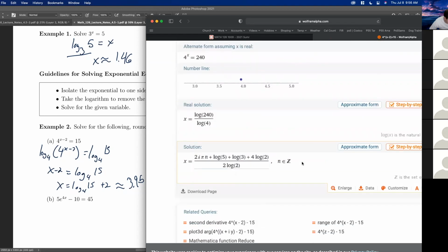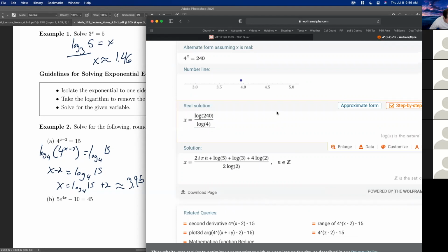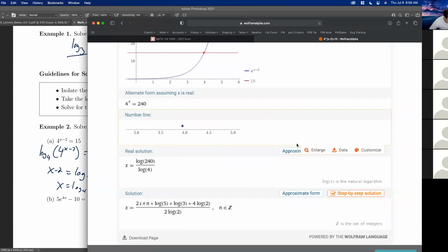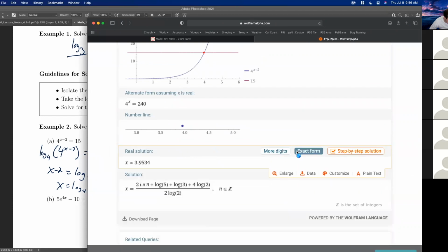Oh, is it that bad? Why is it that bad? There we go, 3.4. I'm like, why is it giving me this awfulness?